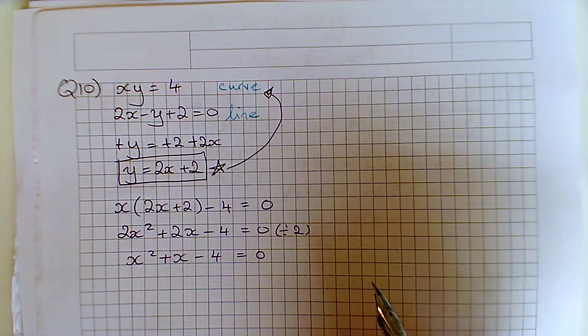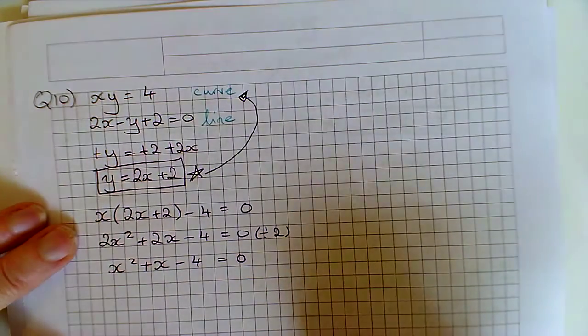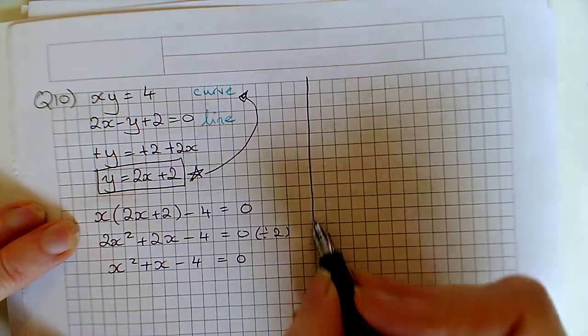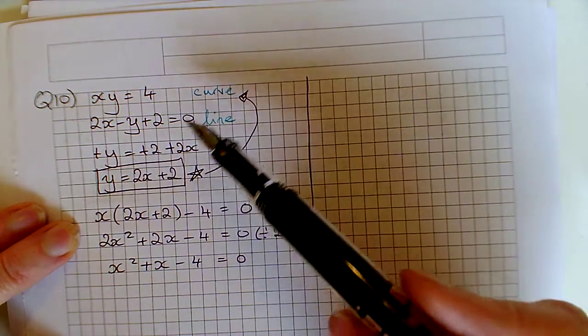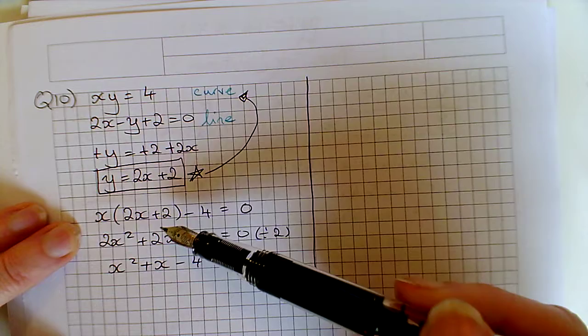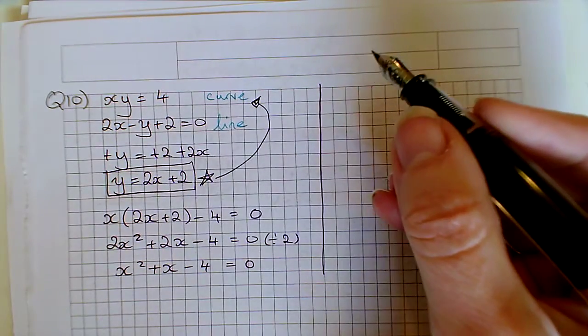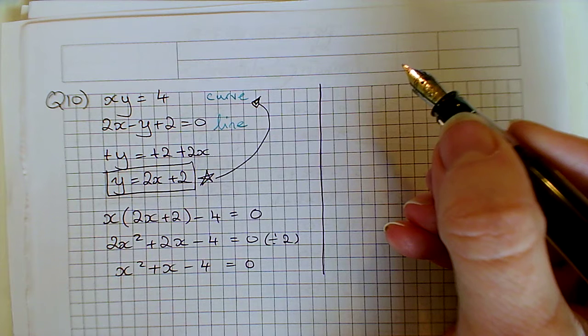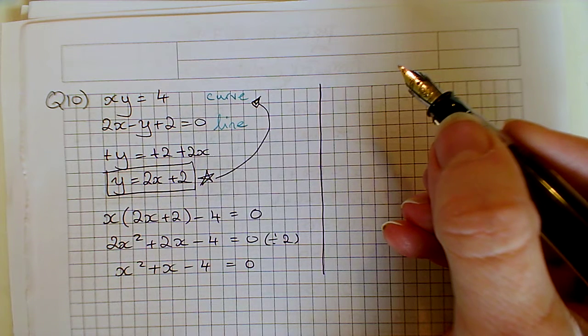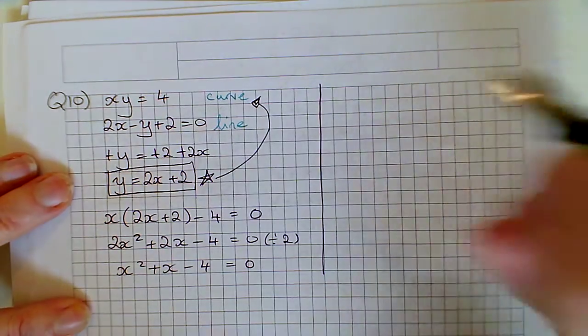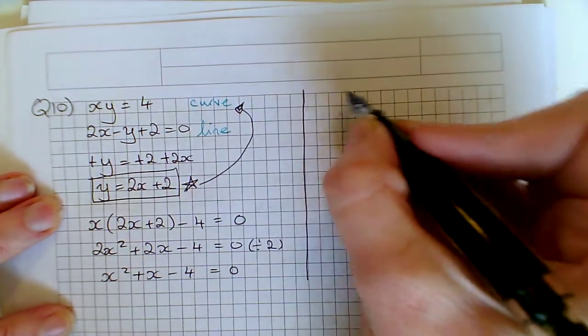Now, I don't see factor solutions, so I'm just going to double check my multiplications there. Yeah, that's right. And did I take it down right? I did. So I'm going to use the minus b formula to solve it.